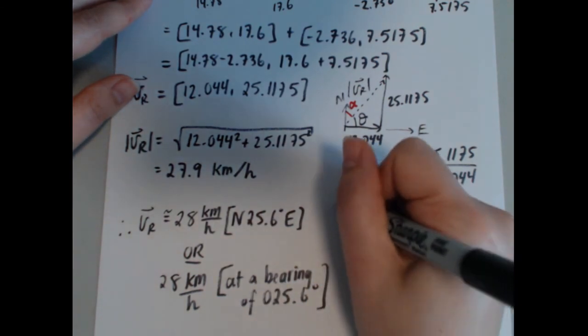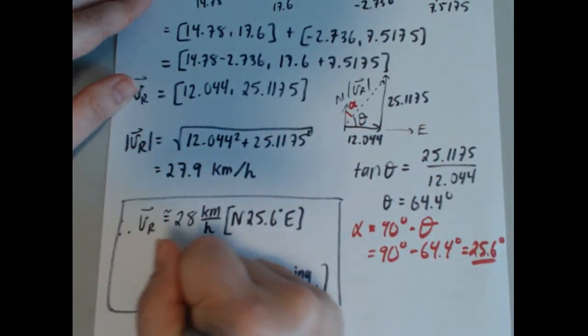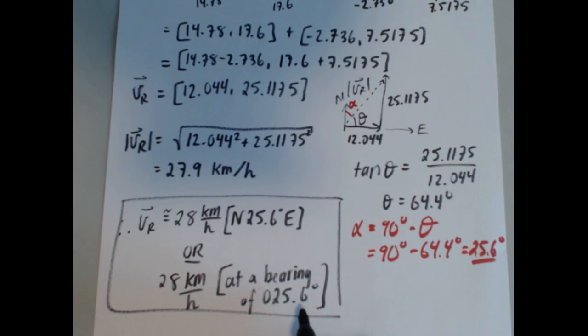Okay, so if you're looking at that and you're a little bit confused, I thought that for a true bearing, you need 3 digits. Yeah, that's for the whole number part. If you put a decimal, that's extra. But the whole number part, I have 1, 2, 3 places. If it's easier, you can just quote the direction like this.